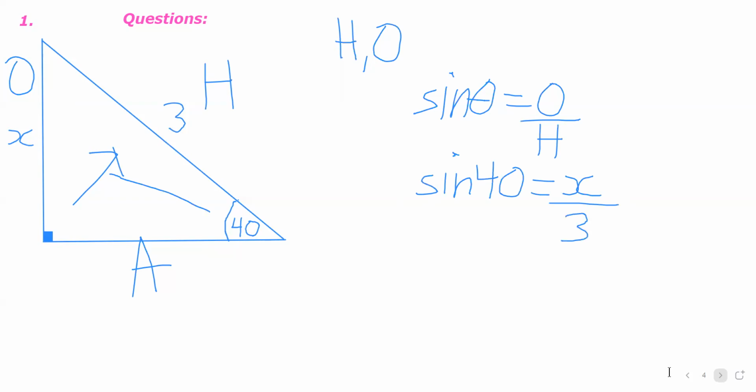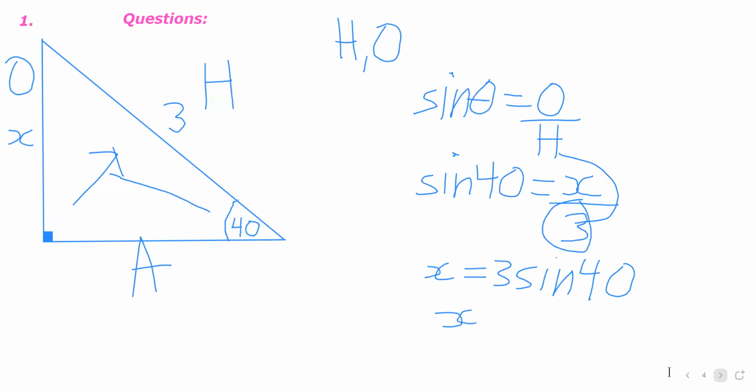So we just solve for x by carrying across the 3, and we end up with x equals 3 sine 40. We put that in the calculator, and we get 1.92. So x is equal to 1.92. Very simple.